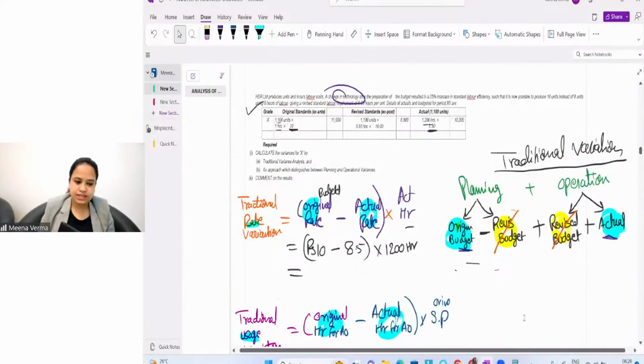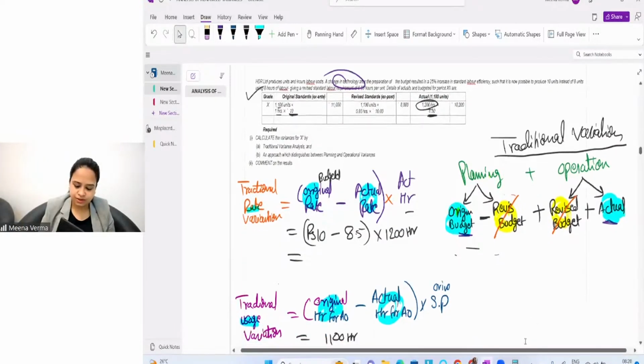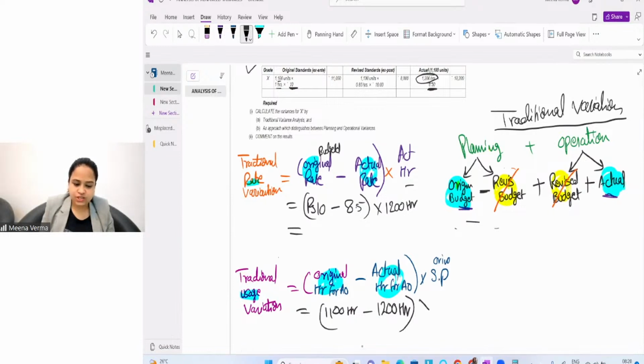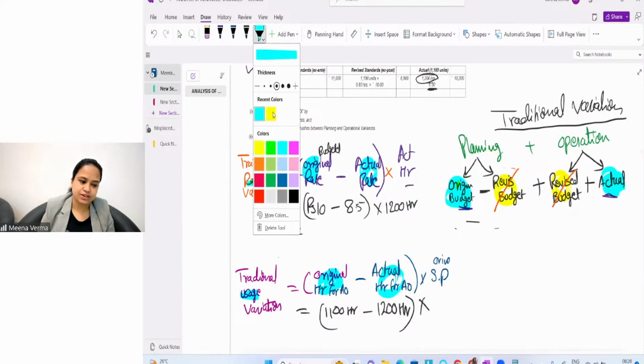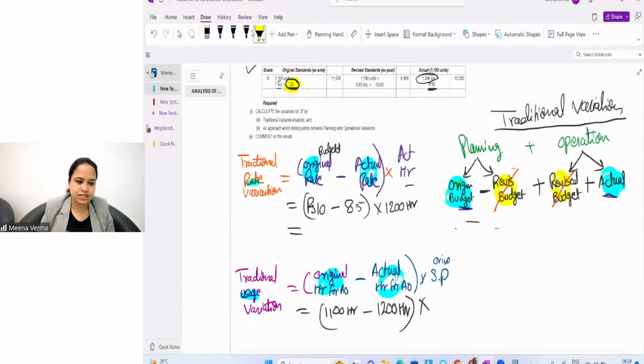I can see the actual hour as 1200 hours. Consider it. Solve it. And what is the original standard price? I can see the original standard price as rupees 10. I will consider it.